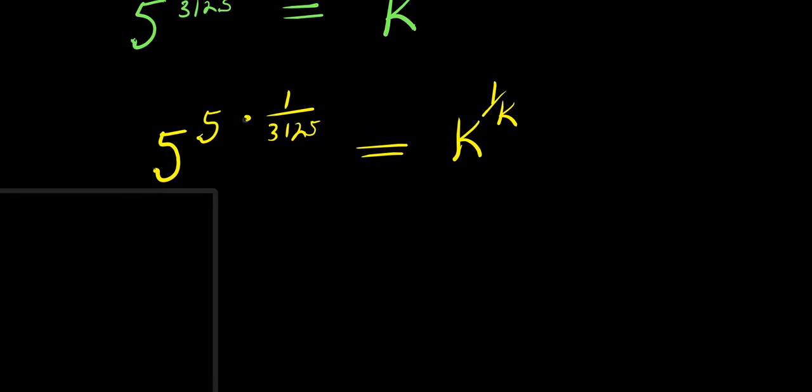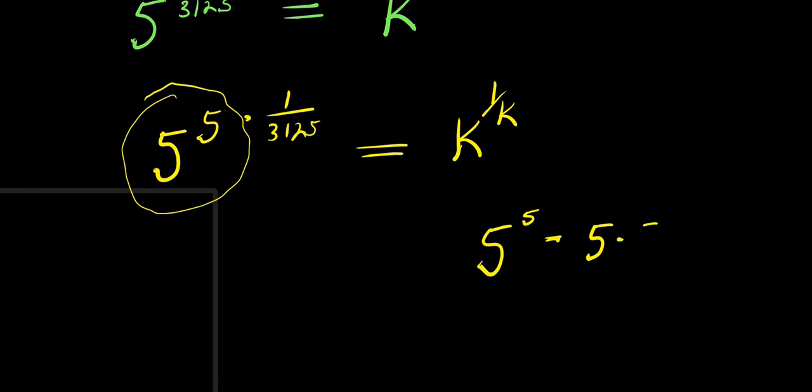Now, what is the value of 5 raised to the power of 5? Right, that's what we need to find out. 5 raised to the power of 5 equals 5 times 5 times 5 times 5 times 5. This is 25. 25 times 5. This is 125 times 5.